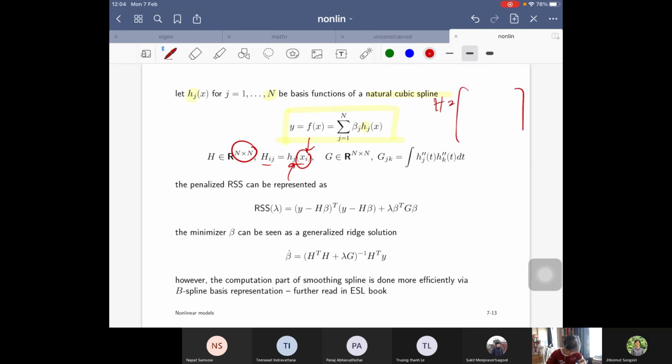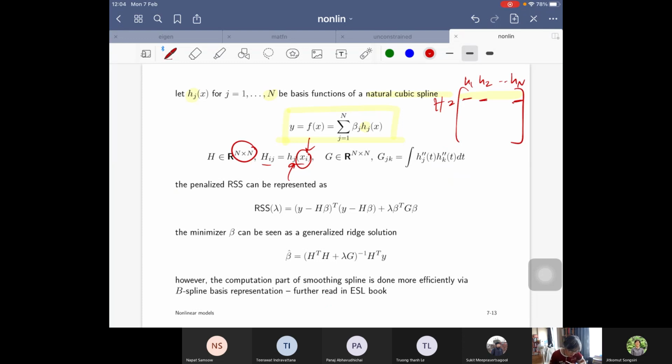Visually, the first row of H is going to be h1, h2, up to hN. You use the first sample of x evaluated on all the basis functions.